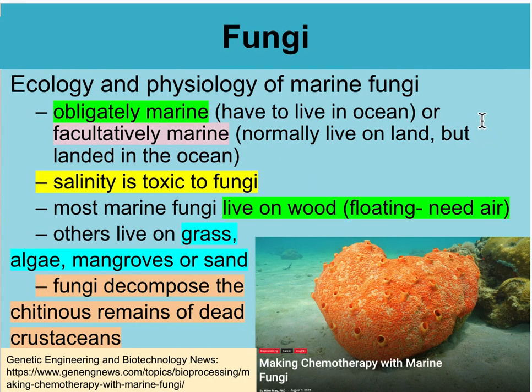Some fungi are obligate marine, meaning they have to live in the ocean, and some are facultatively marine, meaning they normally live on land, but somehow they ended up out in the water. Most of the time, high salt is toxic to fungi. Like I said, sometimes they live on wood, others live on grass or algae or mangroves or sand. Some fungi can actually decompose the chitin from dead crustaceans.